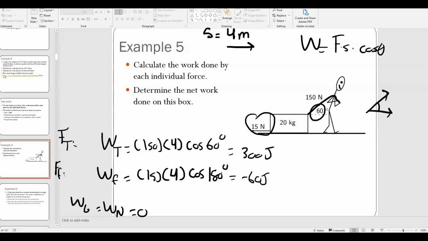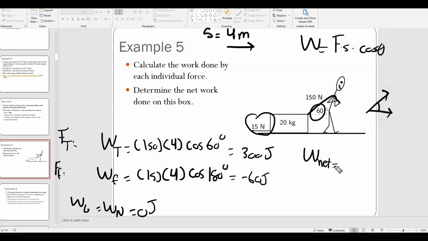Up and down have a 90-degree angle to the right, which means theta would be 90 degrees, which means those forces would do no work. Now, I do want to say, just for the record, it's definitely not true that gravity and normal force always do 0 joules of work. It just so happens in the problems we've done so far that that's the case, but that's not always true.